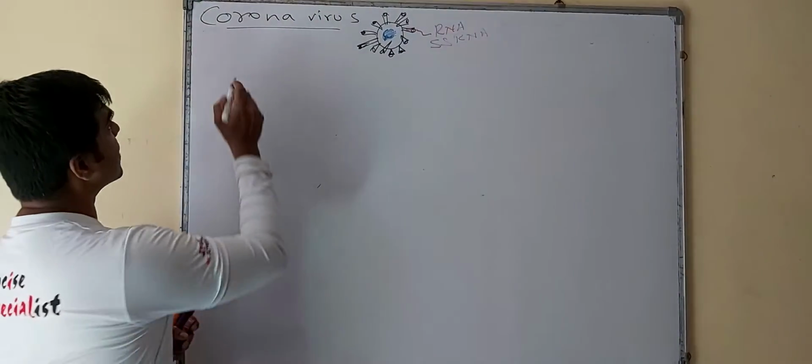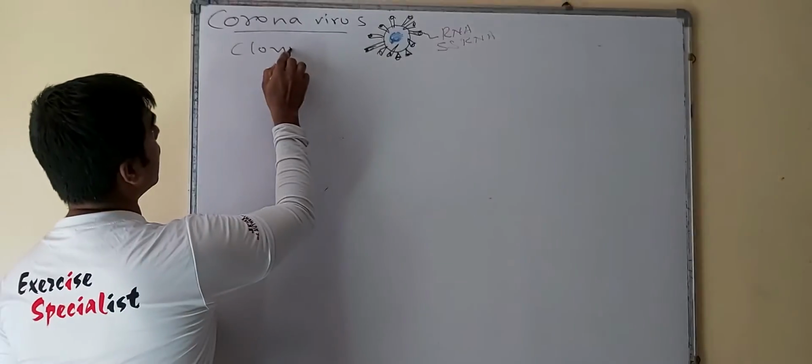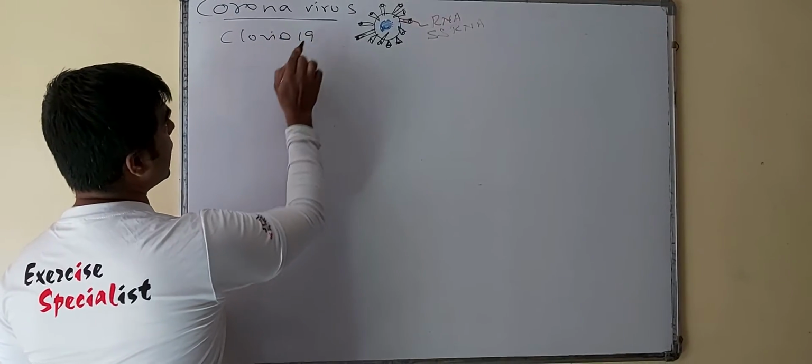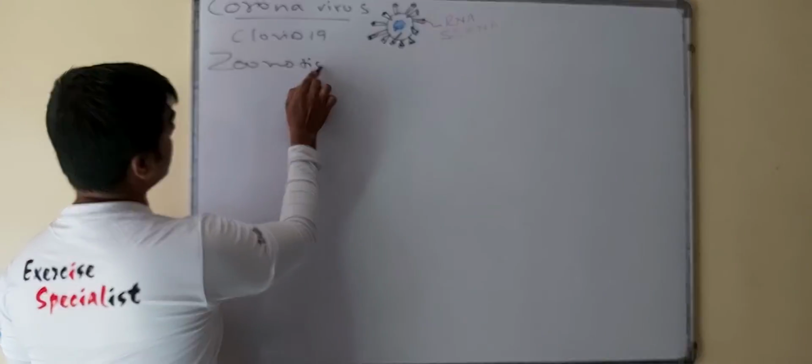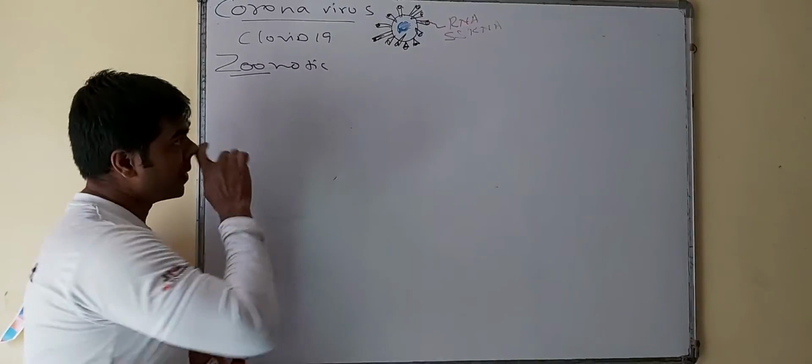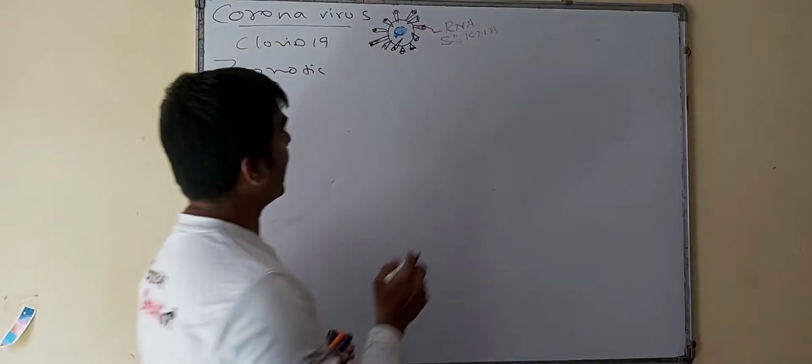It is also known as COVID-19, or it is said to be zoonotic, meaning coming from animals, right? How does it spread?